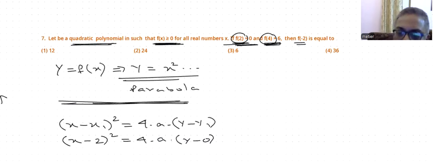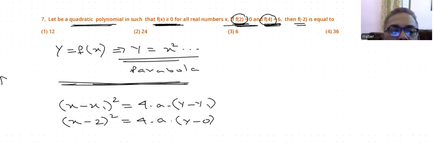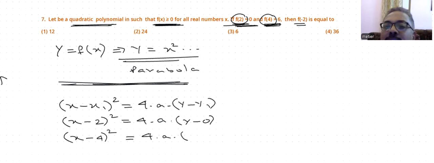Now another part, what I can say here. x equal to 4. So it is coming as 4 into a into y minus... No, I am doing something wrong here.